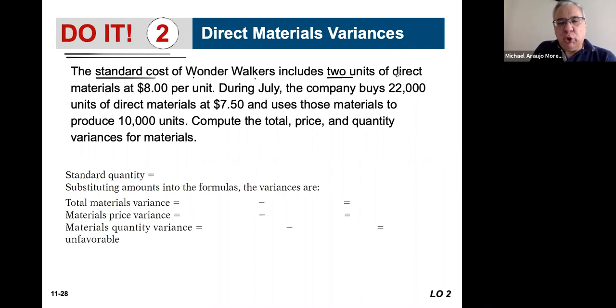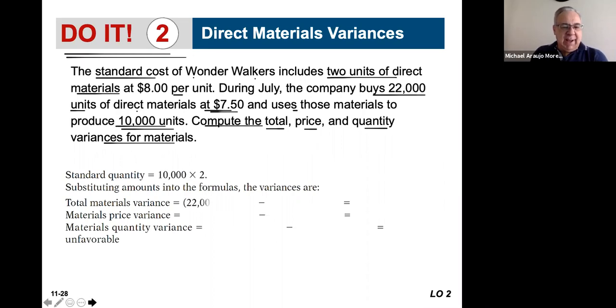They include 2 units of direct materials at $8 per unit. During July, the company buys 22,000 units of direct materials at $7.50 and uses those materials to produce 10,000 units. So we are going to be computing the total, the price, and the quantity variances for these materials. So first things first, here we're looking at our standard quantity.